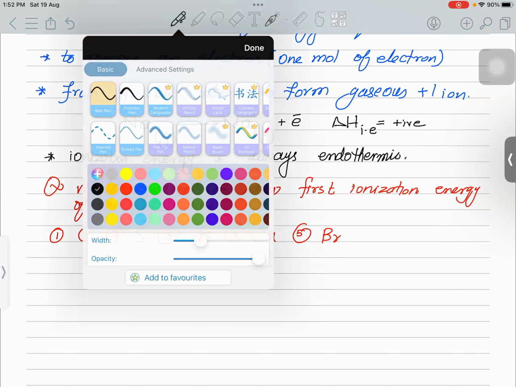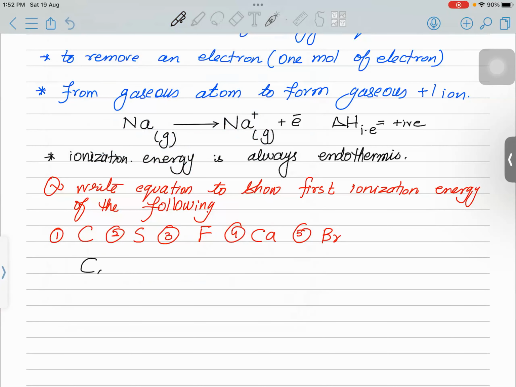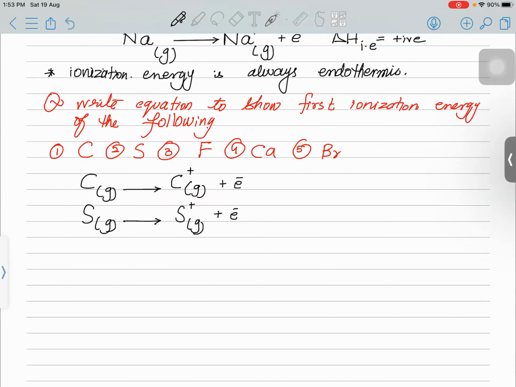So, carbon gaseous converts into carbon positive gaseous. This is called first ionization energy. For example, sulfur converts into sulfur positive gaseous. This is called first ionization energy. Similarly, fluorine gaseous.